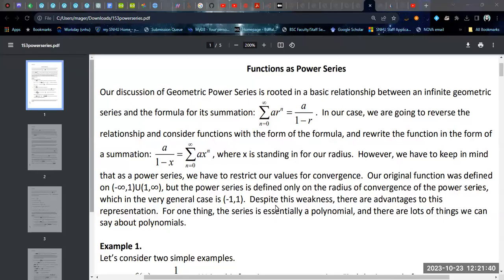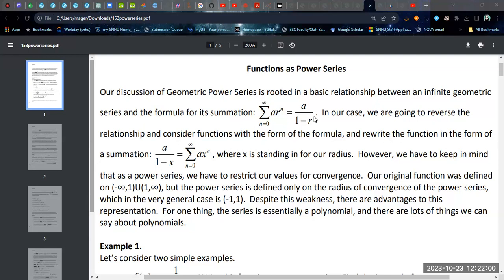Okay, so we're going to look at using the geometric series formula essentially to create power series that represent functions. In our case, we're going to be looking primarily at rational functions, since that is the form of our geometric series summation.